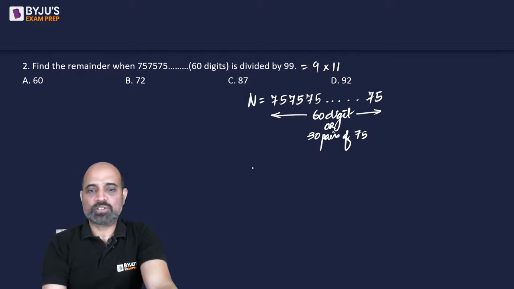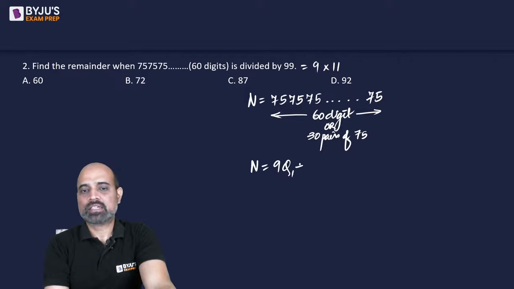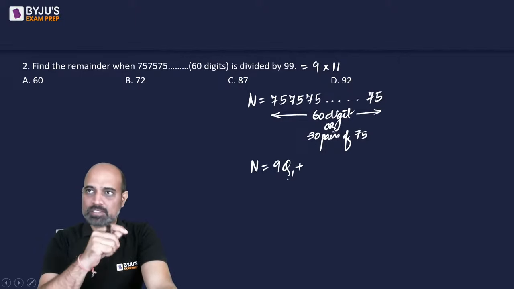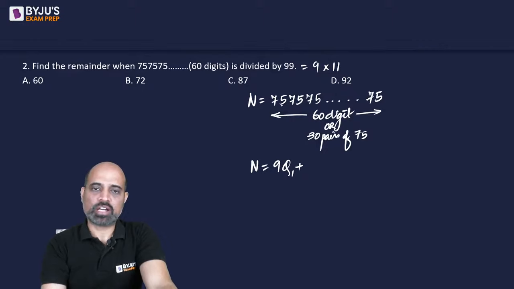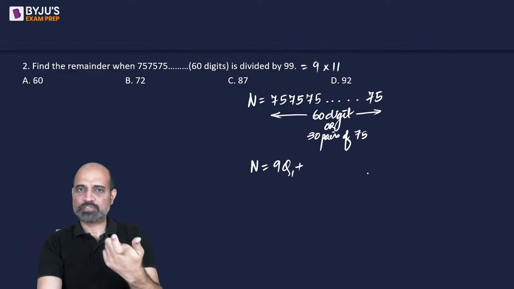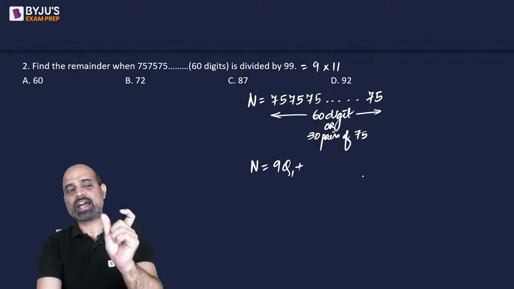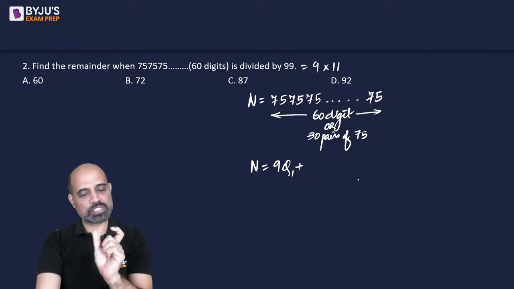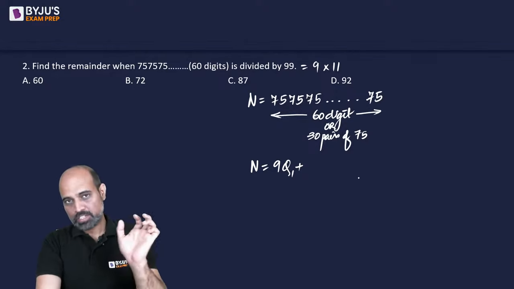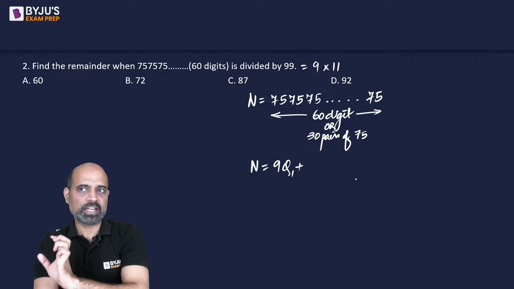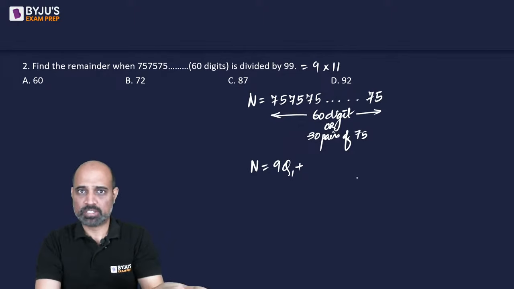Now, if I want to divide this number by 9, the way to find the remainder is to add the digits, right? So if we add, 7 plus 5 is 12, 7 plus 5 is 12, 7 plus 5 is 12. So 12 will be added how many times? Because that's the divisibility rule of 9, isn't it?